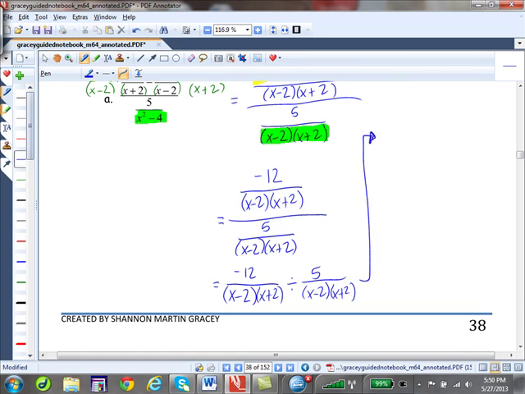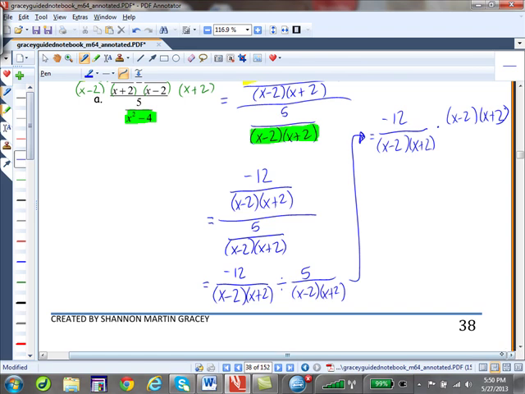And when we invert and multiply the divisor, we'll have negative 12 over x minus 2 times x plus 2, times x minus 2 times x plus 2, divided by 5. Let's move that over a little, make it neater.